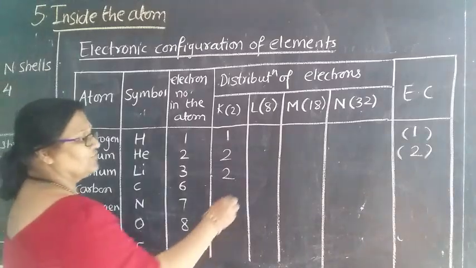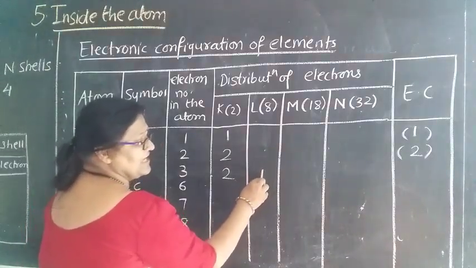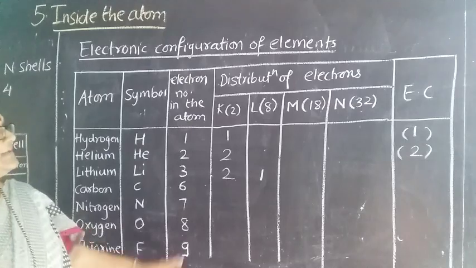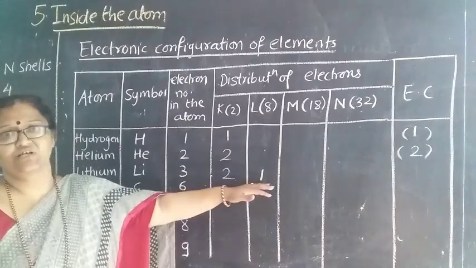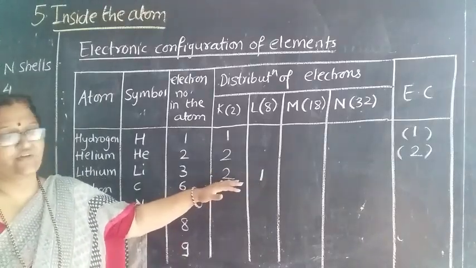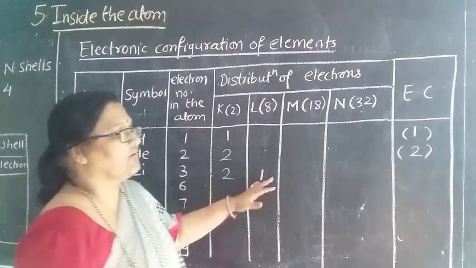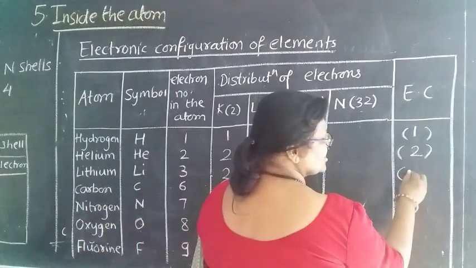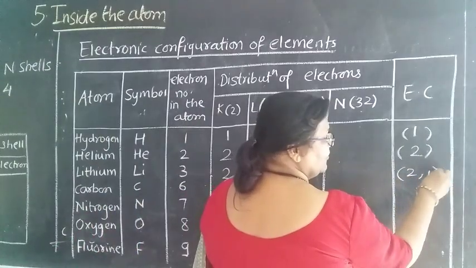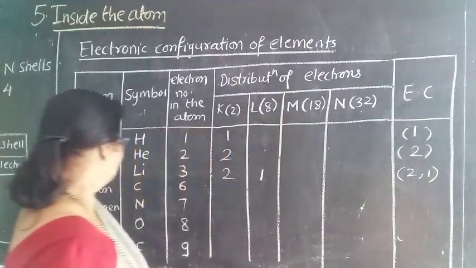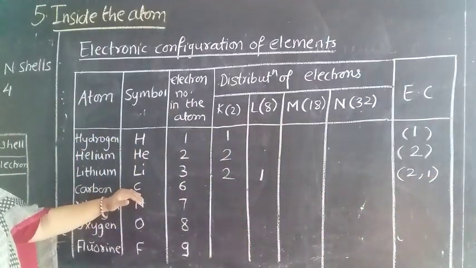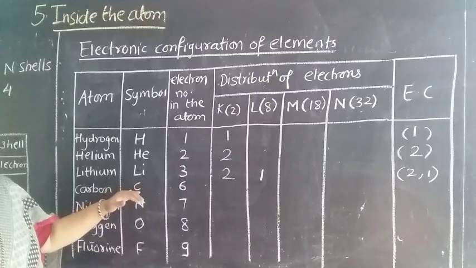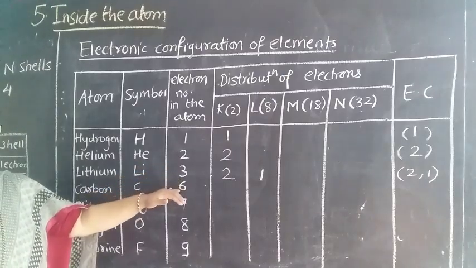That 1 we have to fill into the L shell. So the distribution of electrons will be 2 and 1. The electronic configuration is 2 and 1.